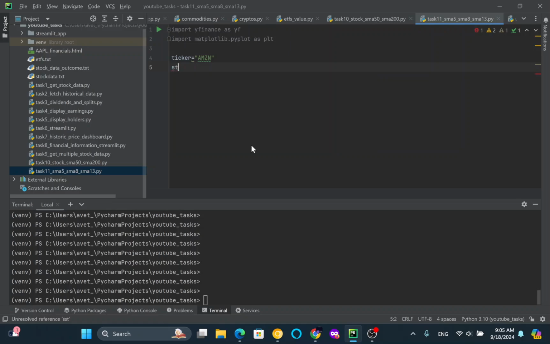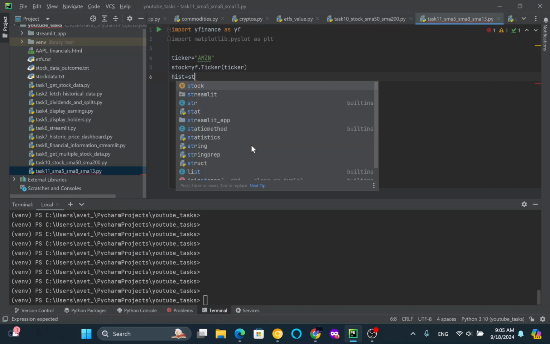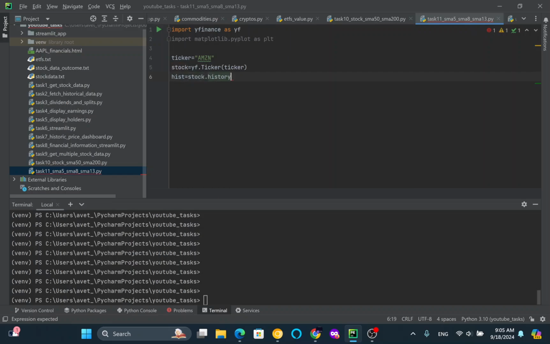We're creating the data object now. Stock is Yahoo Finance, ticker, and the historical part of the data, the one we are interested in, is stock history with period equal to 3 months.